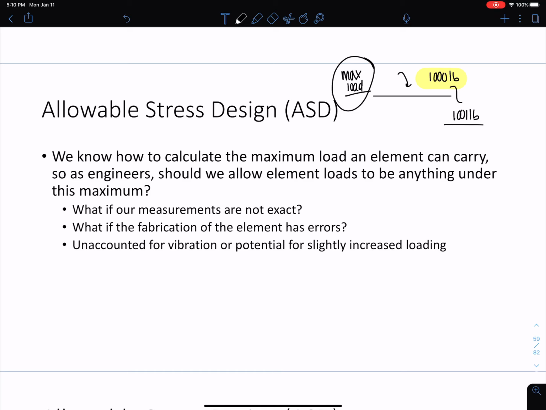These are all things that you want to think about. The point that I'm trying to make here is no, we don't ever want to design exactly for that maximum load because we always want to be safe. We want to design these structures to be really safe for the people who are going to be using them, the general public. So we want to integrate something into our design called a factor of safety, which brings me to this slide here.